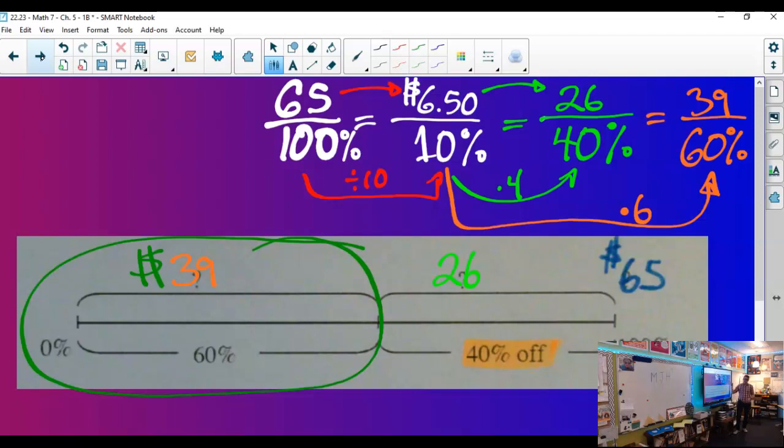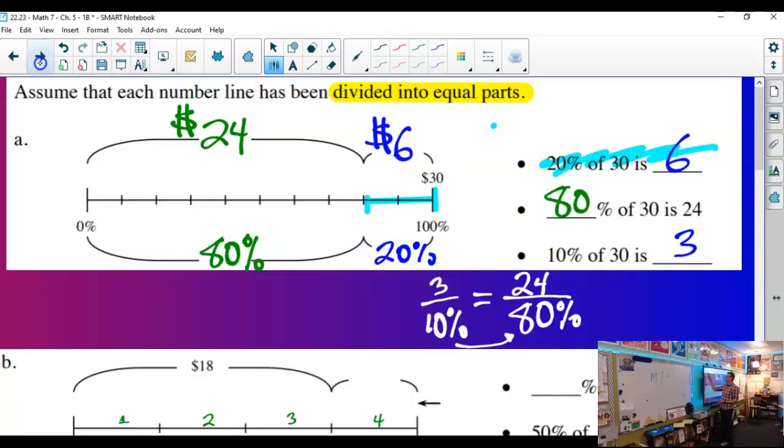So whether it's 40%, 60%, whatever, we can use 10% to find it. Guys, we can also go smaller than 10% and find 5% or find 1%. There are other tricks that we can do. And I don't like the word trick, but I need a better synonym for the word trick in that situation at least.